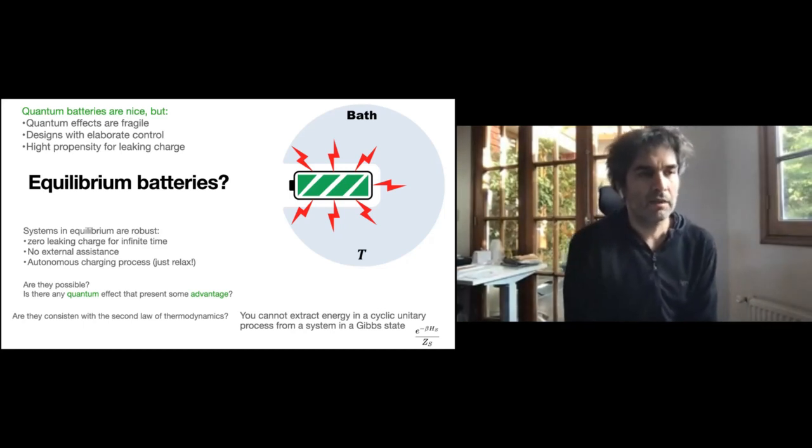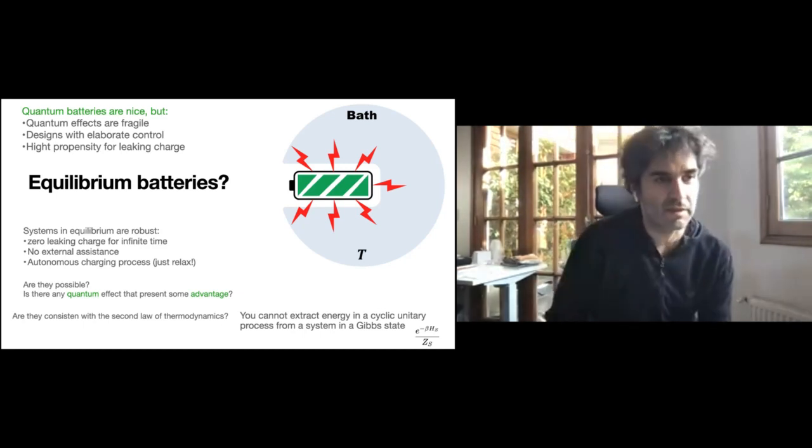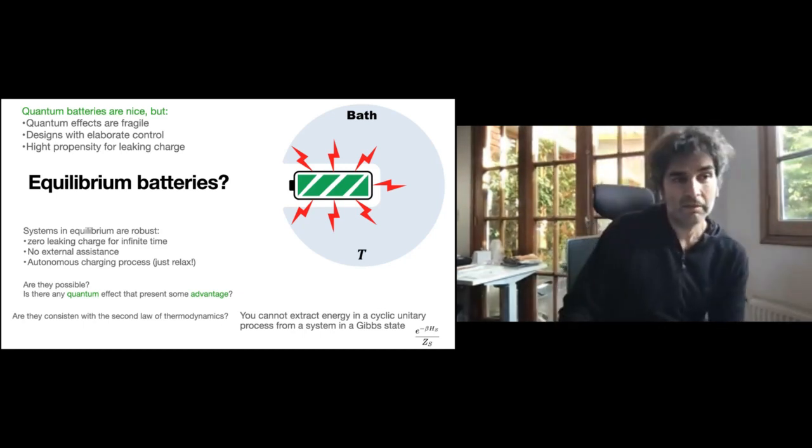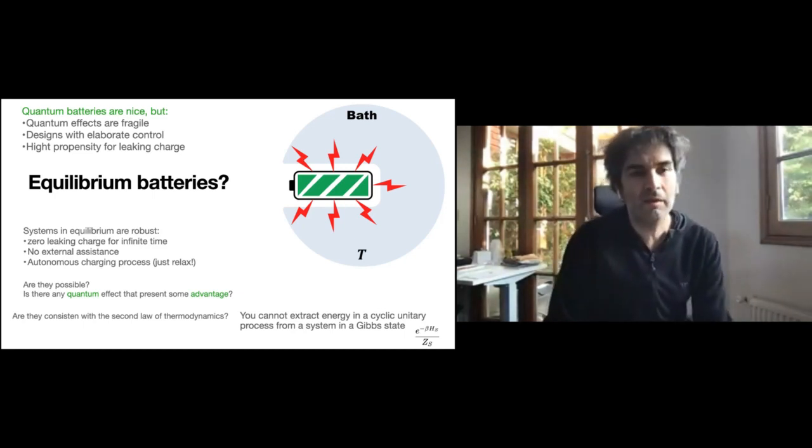And as a mathematical statement, what we know is that by this unitary process that I was mentioning in the slide before, we cannot extract energy from a system which is in the Gibbs state, right?